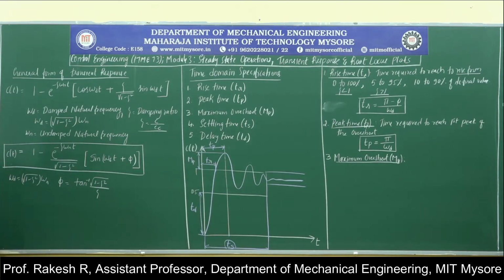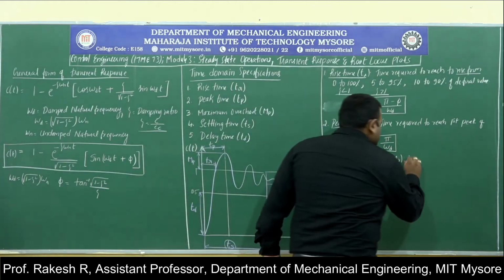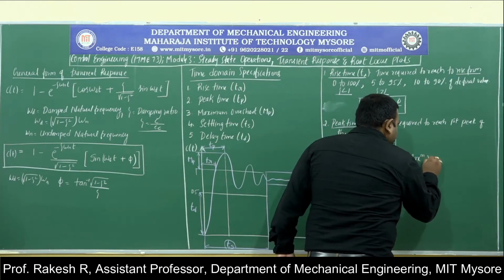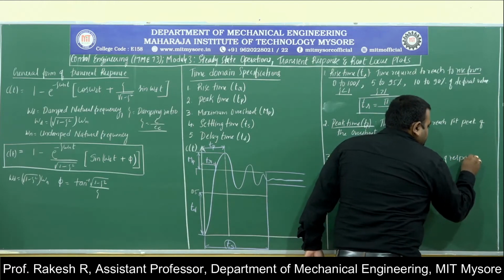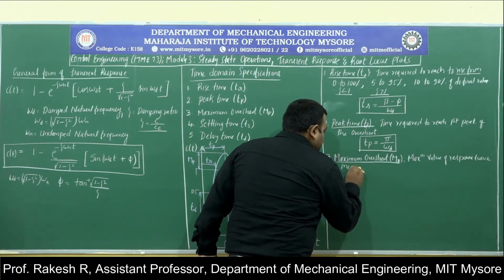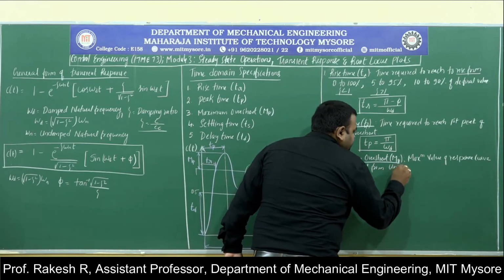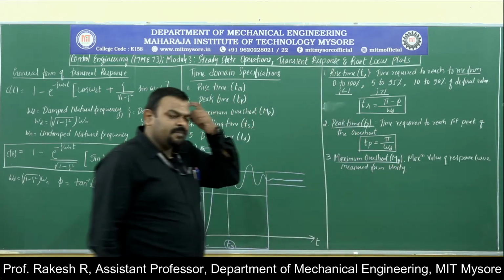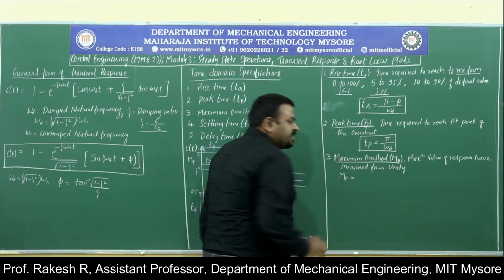So it is the maximum value of the response curve measured from unity. So this is maximum overshoot, and maximum overshoot will be measured in terms of percentages.